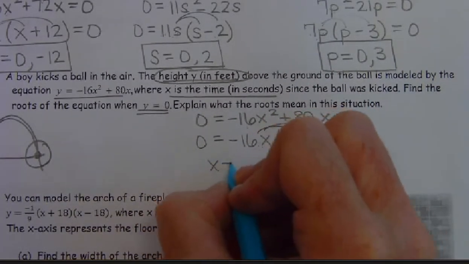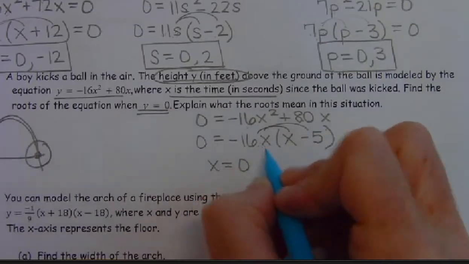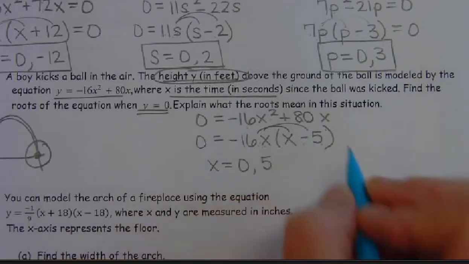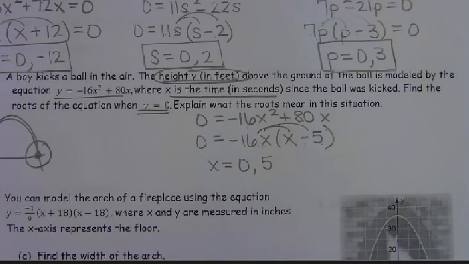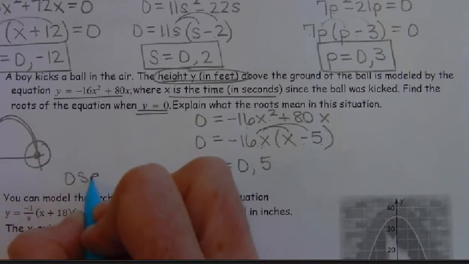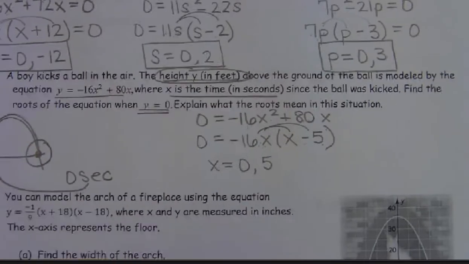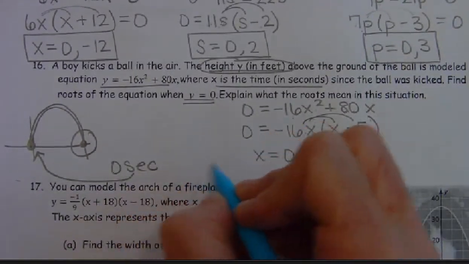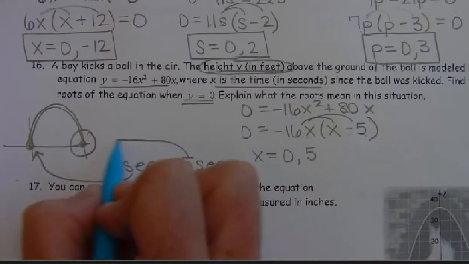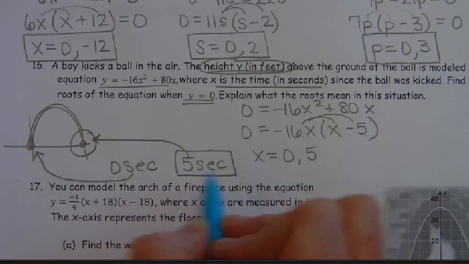Now to get my zeros, that gets me a 0 of 0. That gets me a 0 of 5, opposite of negative 5, and that is actually my answer. So the boy kicks the ball at 0 seconds, and that occurs right here when he kicks it, and it's back on the ground 5 seconds later. And those are your two answers.